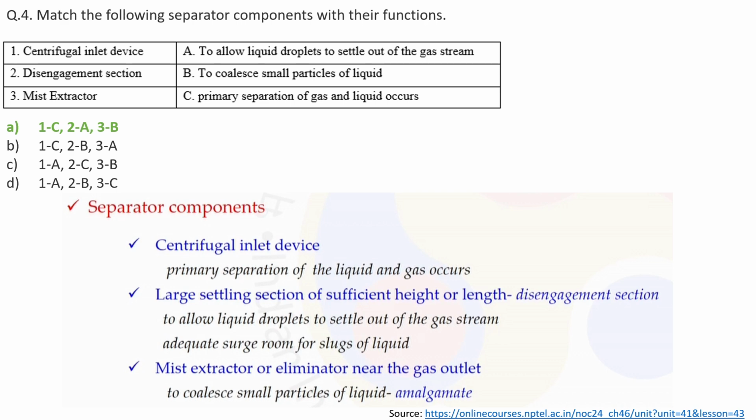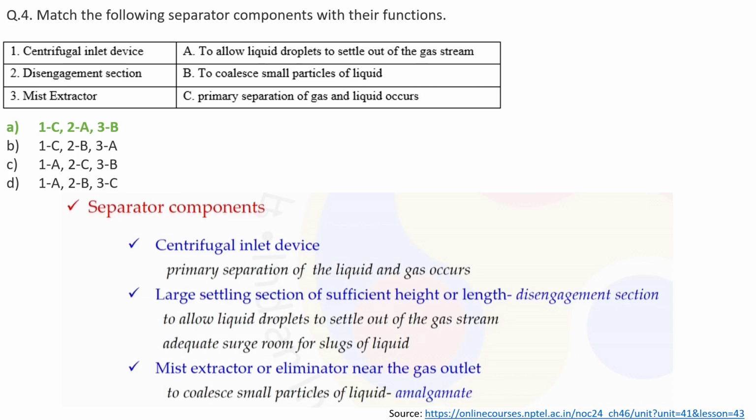So as already taught in class, the function of different separator components, such as centrifugal inlet device: primary separation of the liquid and gas occurs in the centrifugal inlet device. Second is the large settling section of sufficient height or length, which is known as the disengagement section, which allows the liquid droplets to settle out of the gas stream and provides adequate surge room for slugs of liquid.